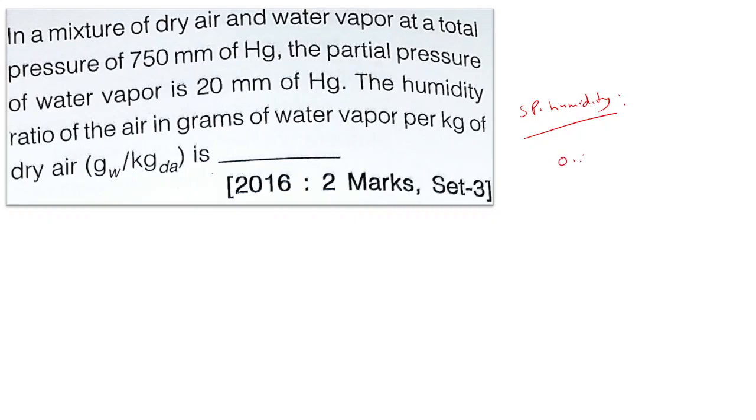Here, what formula are you using? 0.622 PV by (PT minus PV). So 0.622 times 17.04 by (730 minus 17.04). Whatever comes, multiply by 1000 because here we want it in grams.